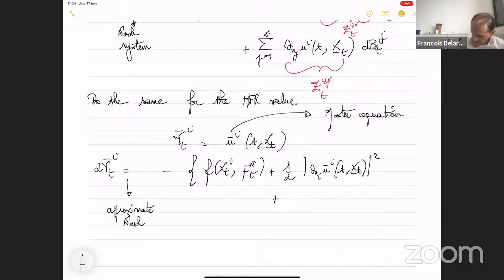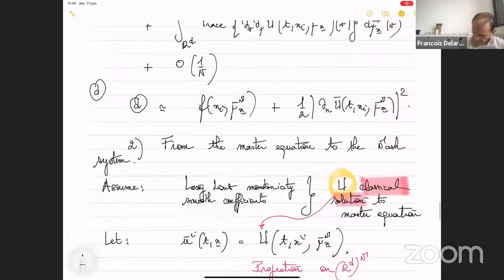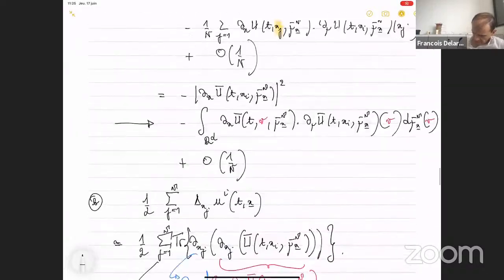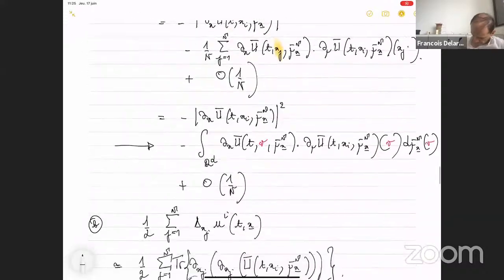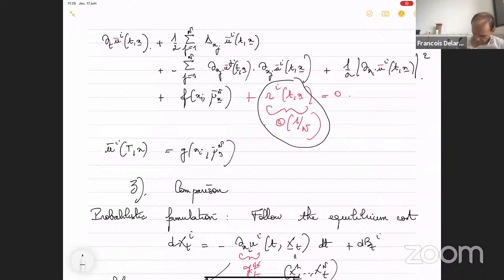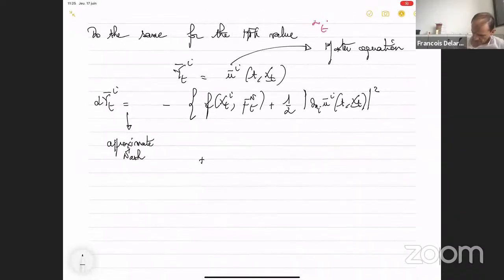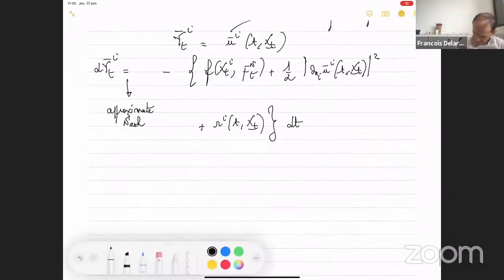So you have the, let me put plus here. I have to pay for the fact that this is not exactly the Nash system that I'm solving. So I am paying for this term here in red. Okay. So I must see that in the expansion of the cost. So this is plus R^i(t, X underline_t) dt.